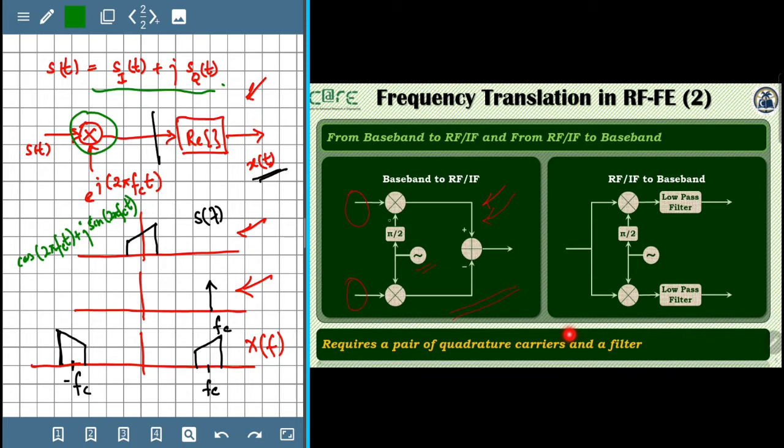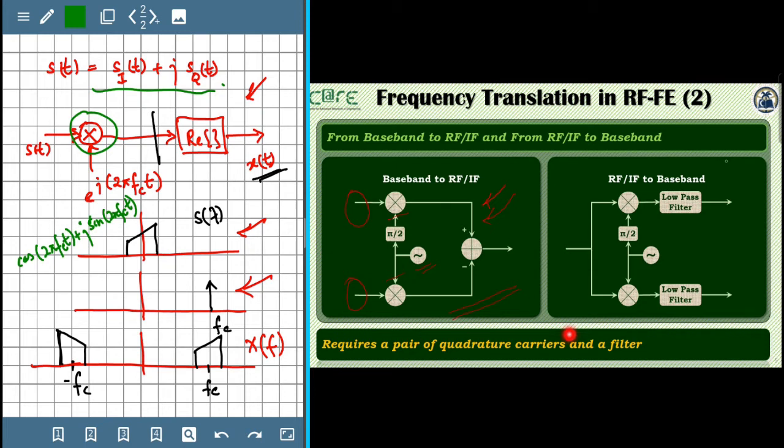We generate two quadrature components of this carrier by introducing a phase shift of pi by 2 in one of the paths, and then we multiply them with the in-phase and the quadrature-phase part of the complex baseband signal, and then we add them together to obtain the real signal that needs to be passed on to the subsequent blocks.